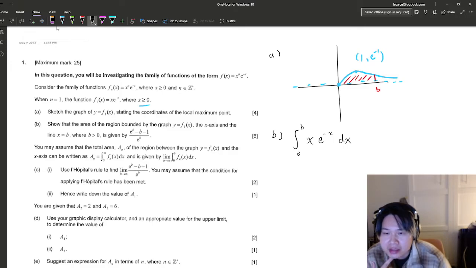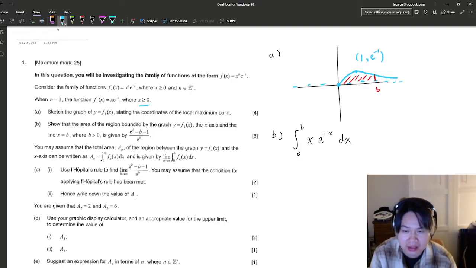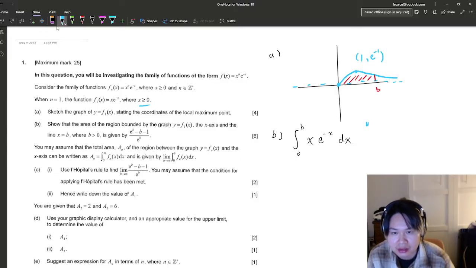Okay, and then we'll probably integrate this by parts. So we need to associate u and dv with stuff. So I'm going to say u is this part, and dv can be this part.